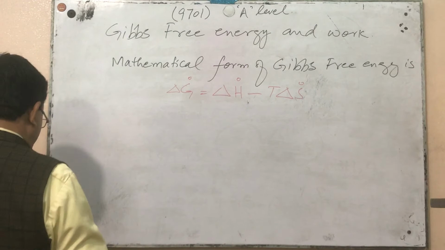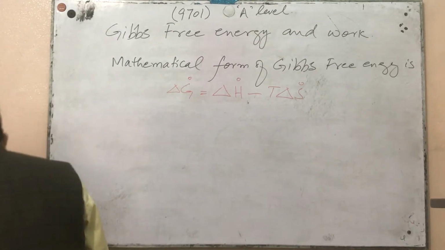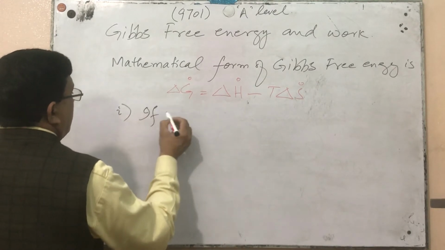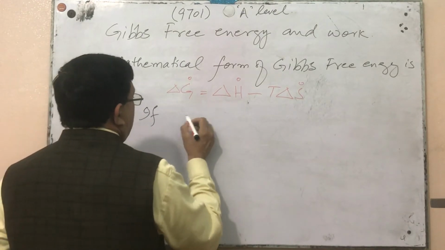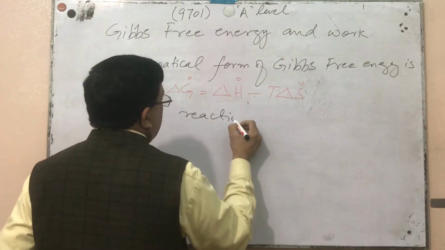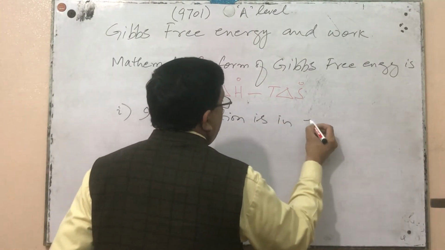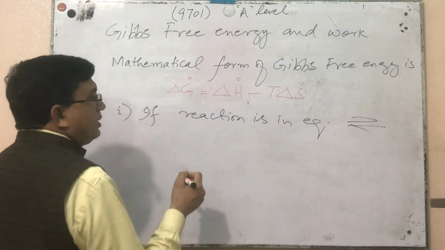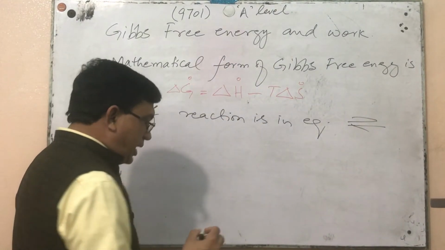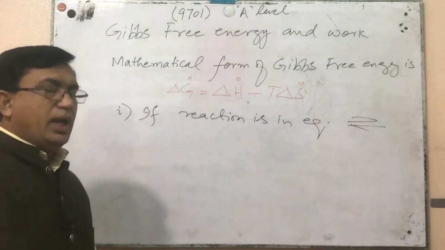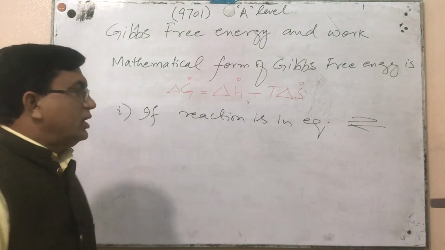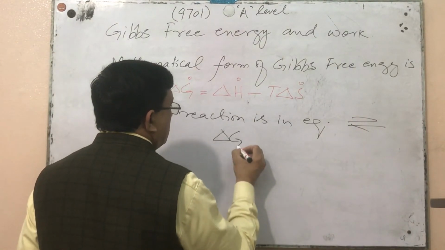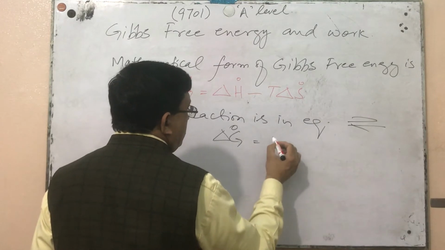Number one, if the reaction is in the equilibrium state, definitely the total entropy change will be zero, and automatically the total Gibbs free energy change, delta G naught, will also be zero.